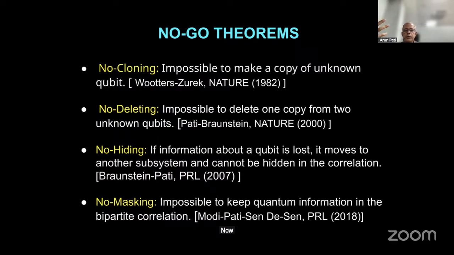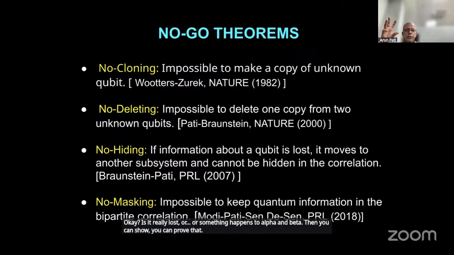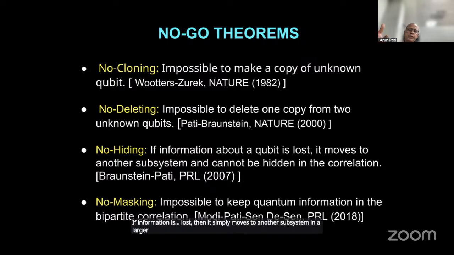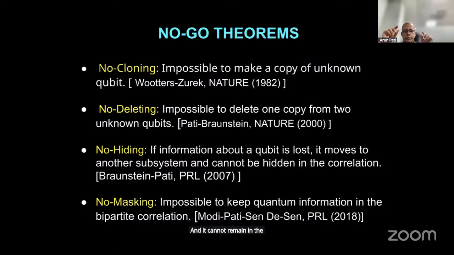Now you can ask the question: what happens to alpha and beta? Where have they gone? Is it really lost, or does something happen to alpha and beta? Then you can prove that if information is lost, it simply moves to another subsystem in a larger Hilbert space, and it cannot remain in the correlation between the original system and anything else in the universe.